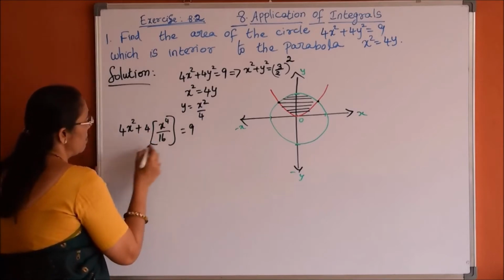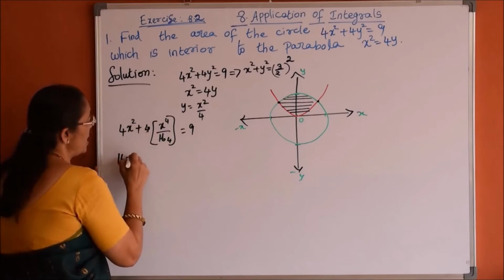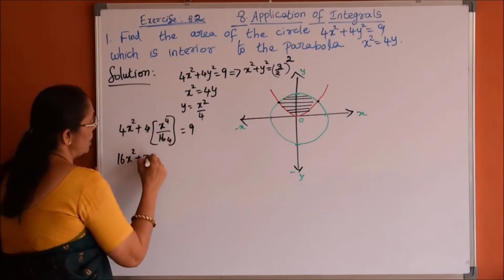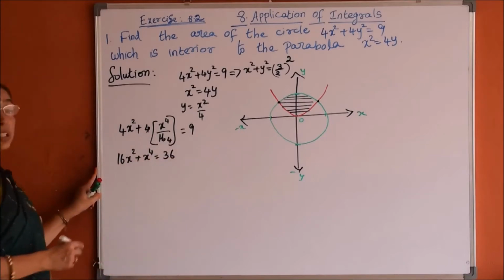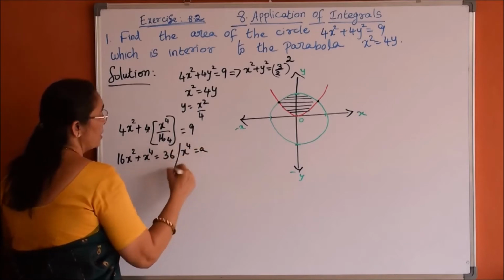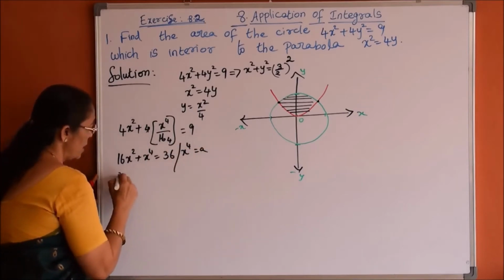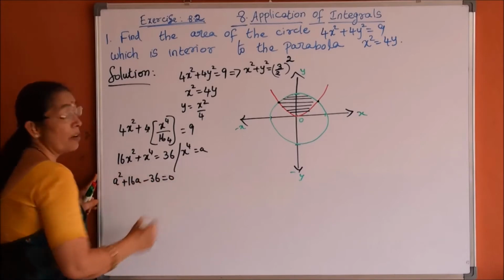So, we can cancel this 4. Now, 4 4s are 16x square plus x to the power of 4 is equal to 36. Now, this is 4th degree. So, we will just consider x square as some a. We will get a square plus 16a minus 36 is equal to 0.